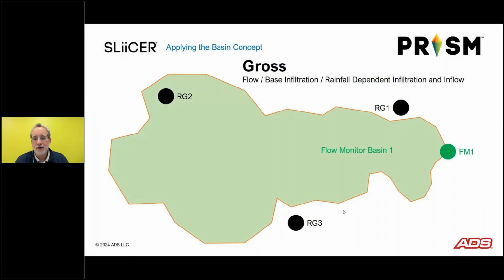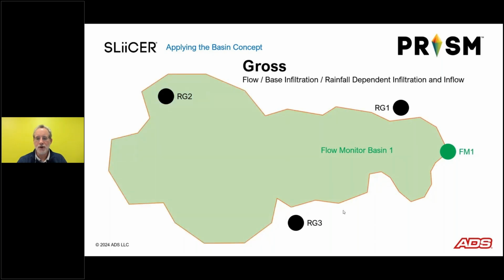Now, I want to explain another concept here. Let's take our same flow monitor, this FM1 and this flow monitor basin 1. And let's say I add another flow monitor upstream to break this basin in two. So put another flow monitor there, and that subdivides this larger basin into two smaller basins. So I'm going to go back to the graphic I was on before.